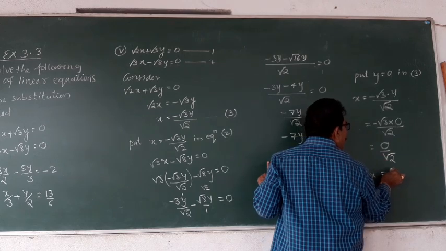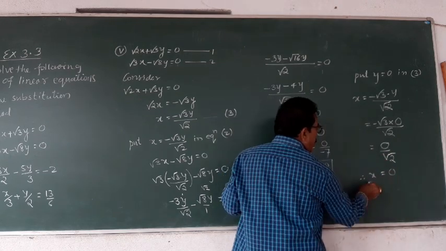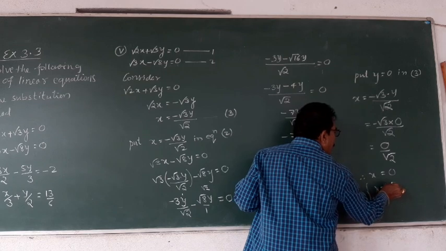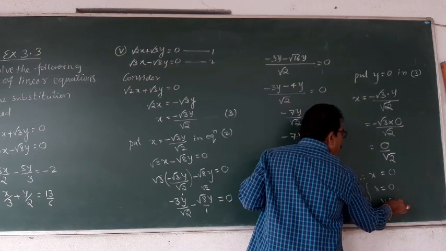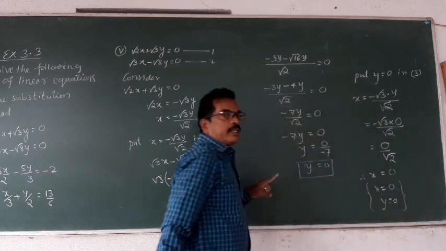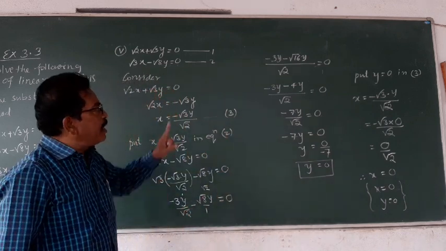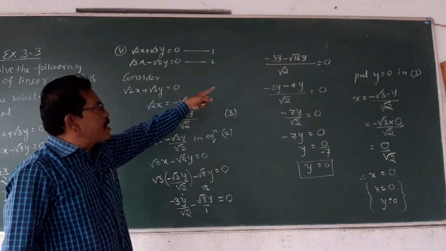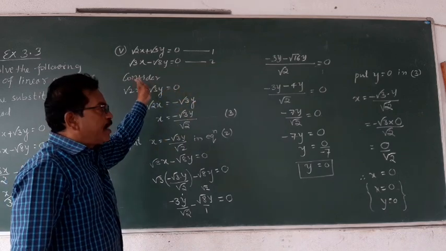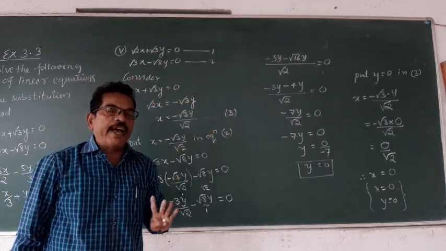Therefore x equals 0. Solution set is x equals 0, y equals 0. Whenever we get irrational numbers containing roots, carefully you have to simplify.